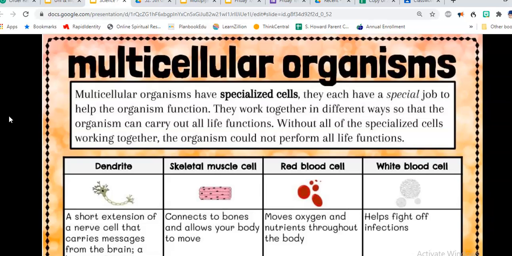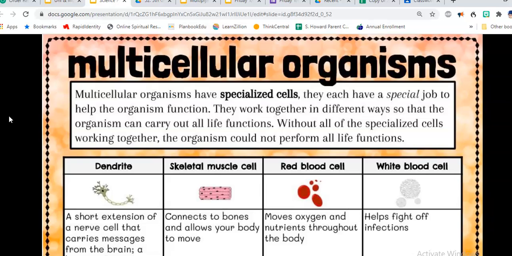The skeletal muscle cell connects to bones and allows your body to move. And then red blood cells, you've probably heard of those before, moves oxygen and nutrients throughout the body. So they go through the veins of your body and carry oxygen and nutrients to all the other cells. And then white blood cells, they help fight off infections.